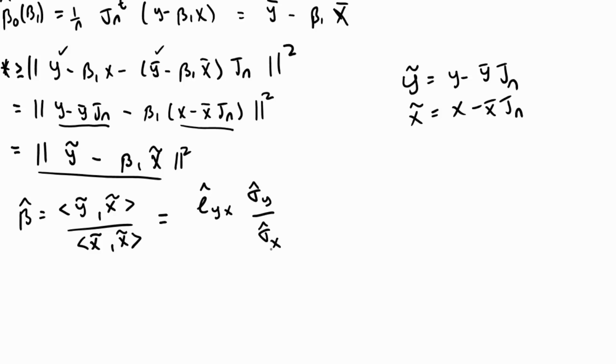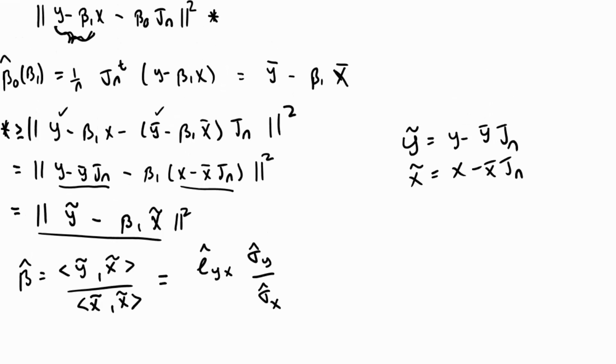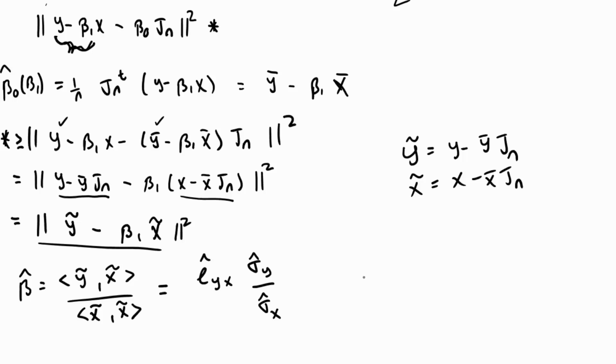So the best regression slope works out to be exactly the same slope as if we centered the variables first and then did regression through the origin. And the intercept, if we needed an intercept, right, so that's beta 1 hat, and if we needed an intercept, beta naught hat is just y bar minus beta 1 hat x bar. And so we've proven by plugging these in that we've gotten as small as you possibly can in terms of the set of inequalities, so these must be the minimizer of the least squares equation.